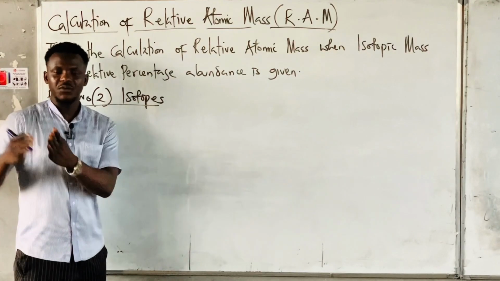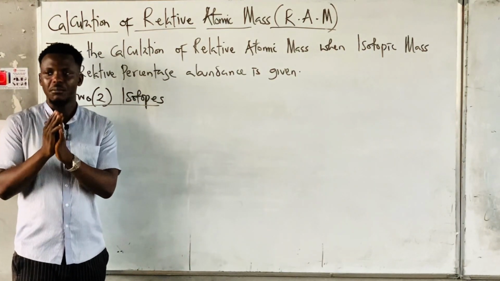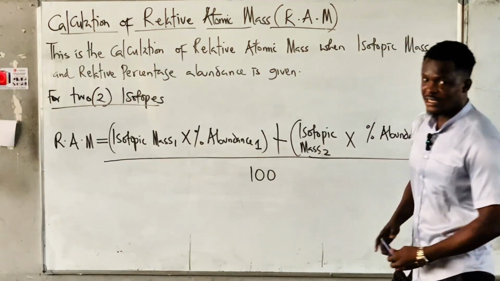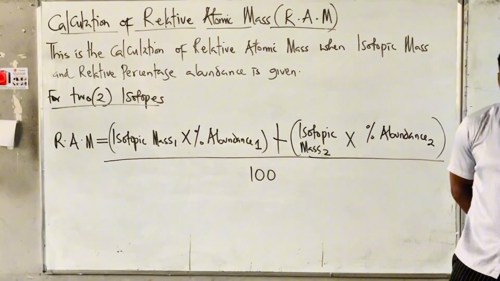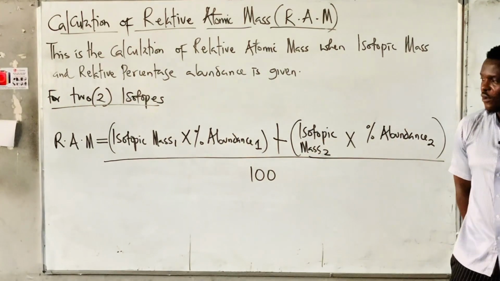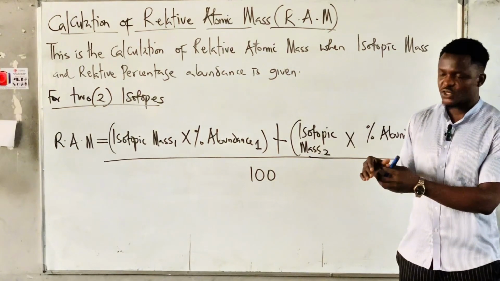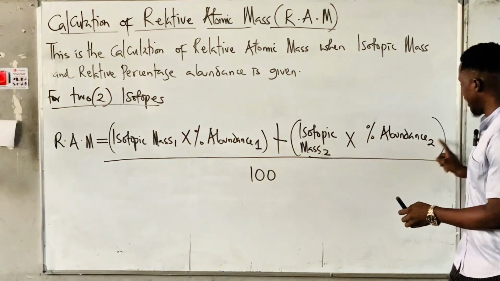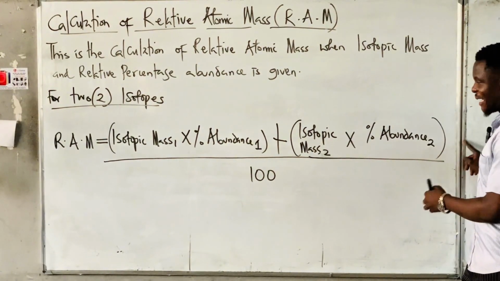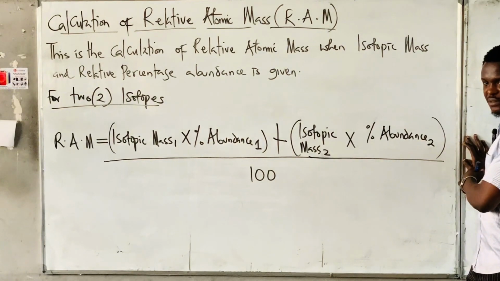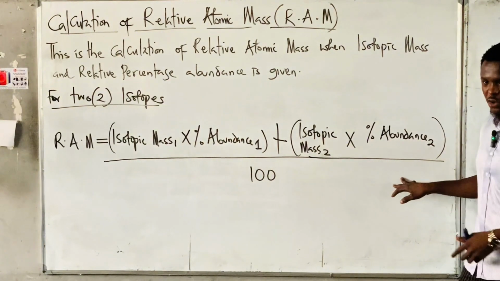Three isotopes means three atoms with same atomic number but different mass number. All right, now this is a formula. For two isotopes, this is what we have. Now, for three isotopes, it's kind of systematic. For three isotopes, I'll just come here and say plus isotopic mass 3 times abundance 3, still all over 100.